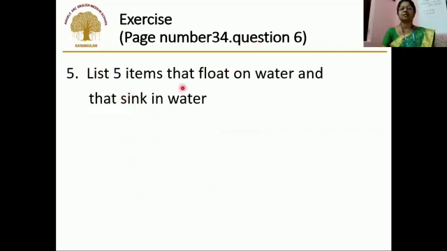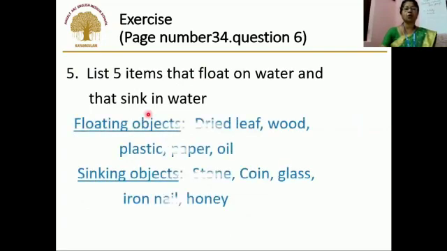List 5 items that float on water and that sink in water. Which are the things that float on water? Dried leaf, wood, plastic, paper, oil are floating objects. They are lighter than water. Sinking objects are heavier than water. Which are the examples?